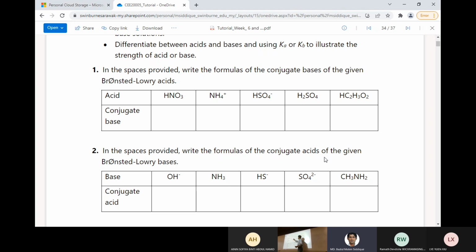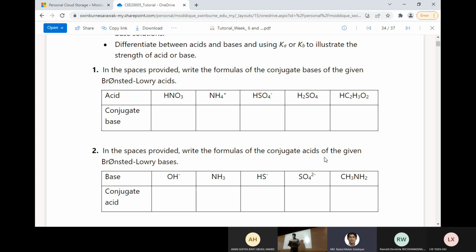So why are we considering the conjugate base for this? This is ammonium. Is it an acid? Yes or no? No? Yes, actually, and no, both. Why yes and no?